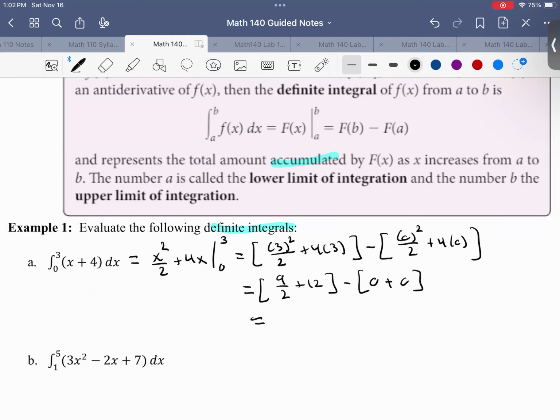So 9/2 plus 12, I'm just going to use a calculator for that. What I end up with is 16.5 minus 0, and what this ends up being is just 16.5.